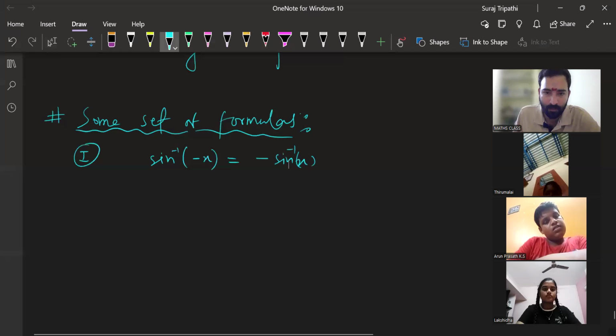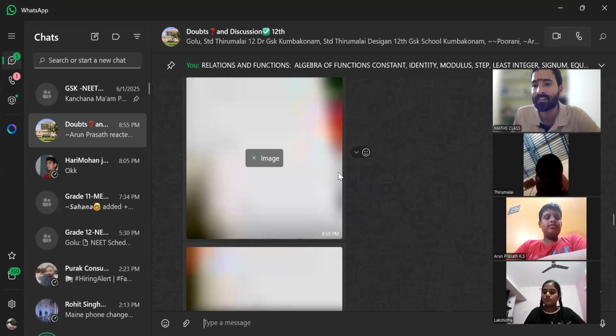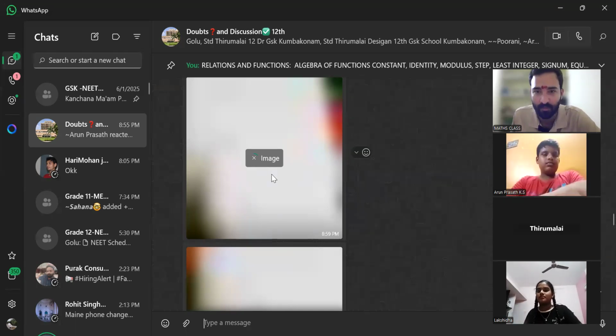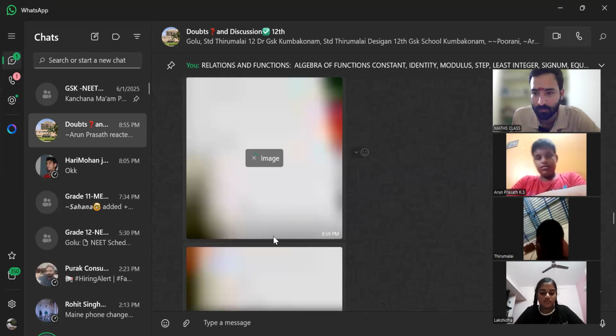Okay, first of all, just see this graph. So do one thing, send me the photo of all the graphs of inverse trigonometric functions, or you can forward them. I'm not able to download here. I think Tirumalai has these two photos.